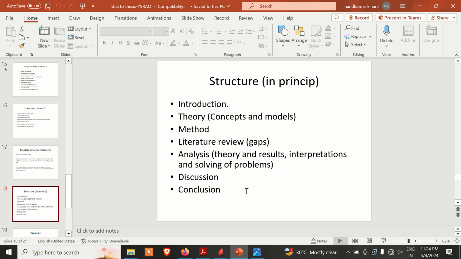Generally, when you prepare any paper or any report writing, the structure is as follows.